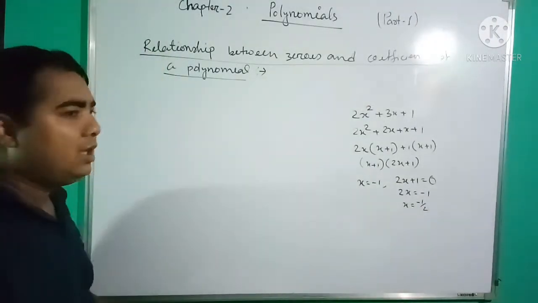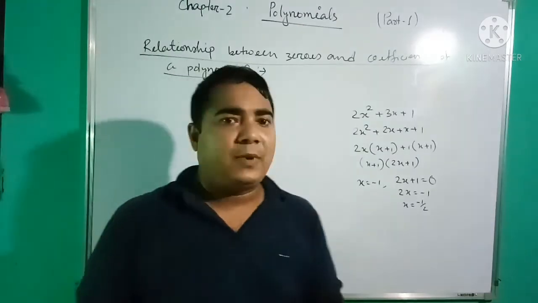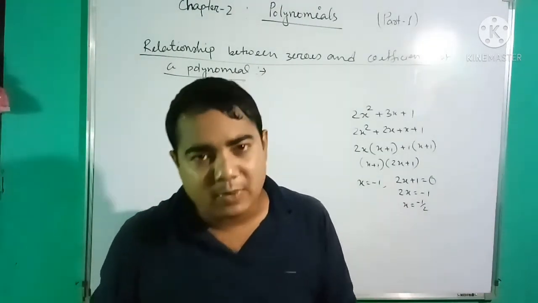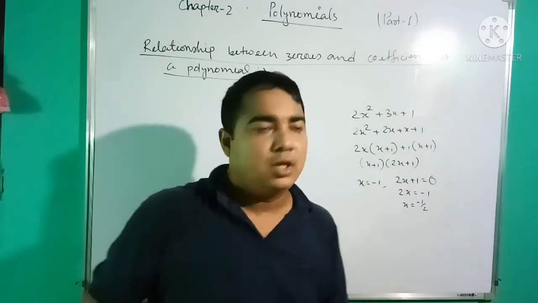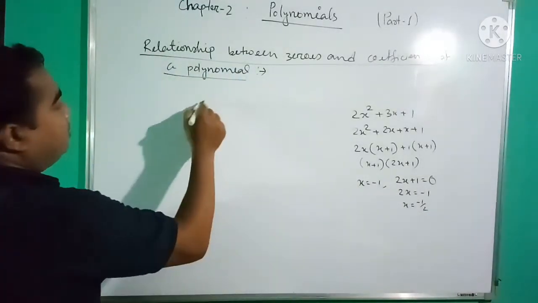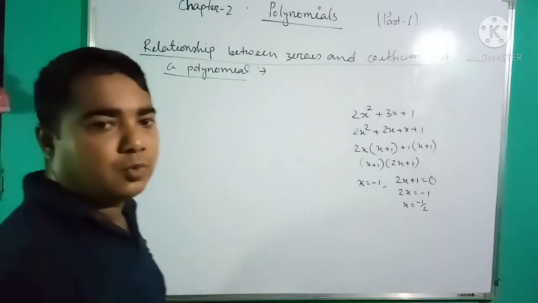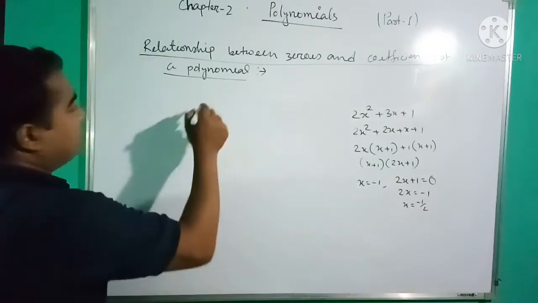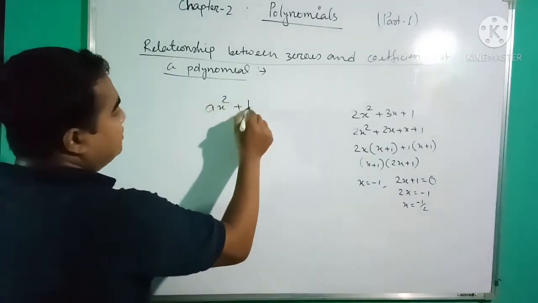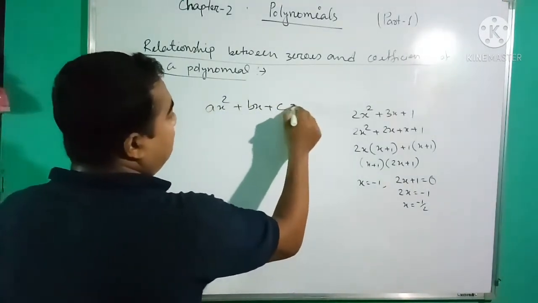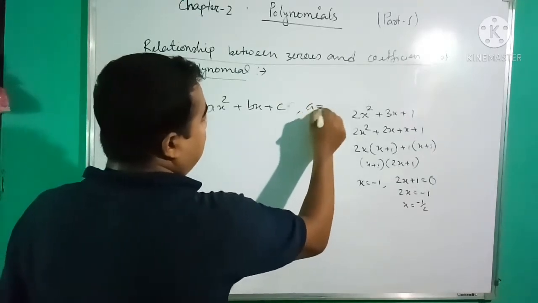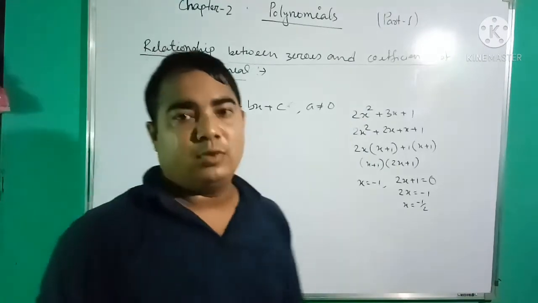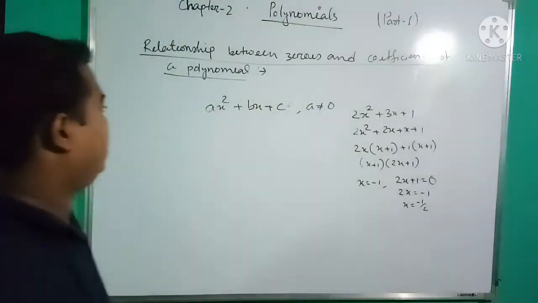Now if a different polynomial is given, then we will get a different solution, or not? Different polynomials have different solutions. Okay, now see the general form of a quadratic polynomial. ax square plus bx plus c, where a is not equal to 0, is called a general quadratic polynomial.